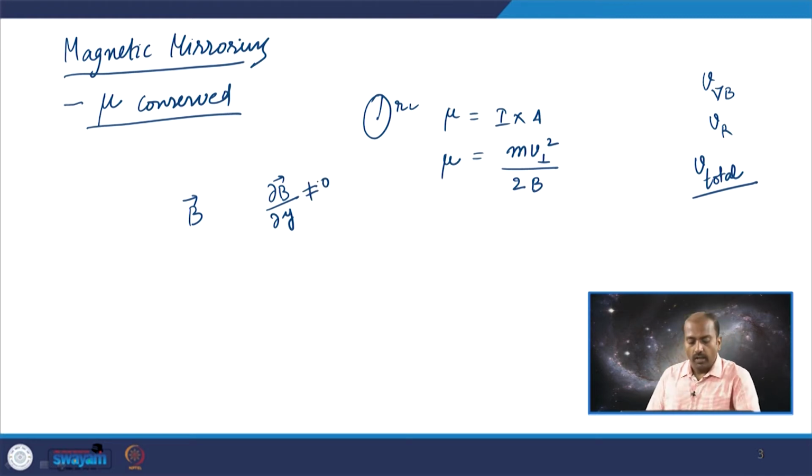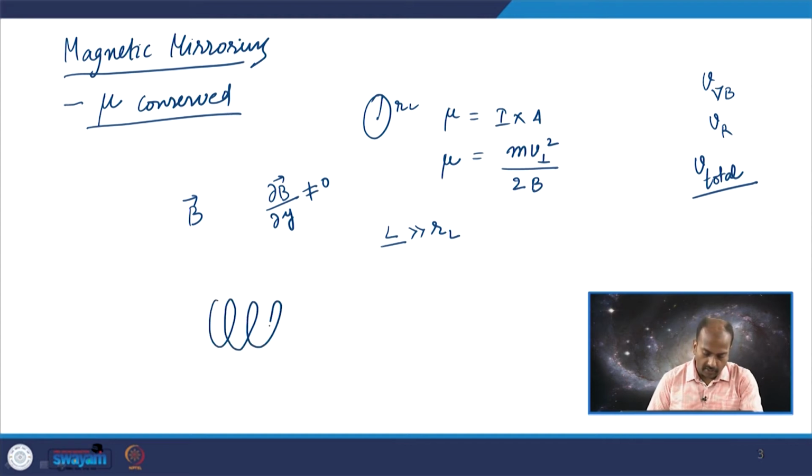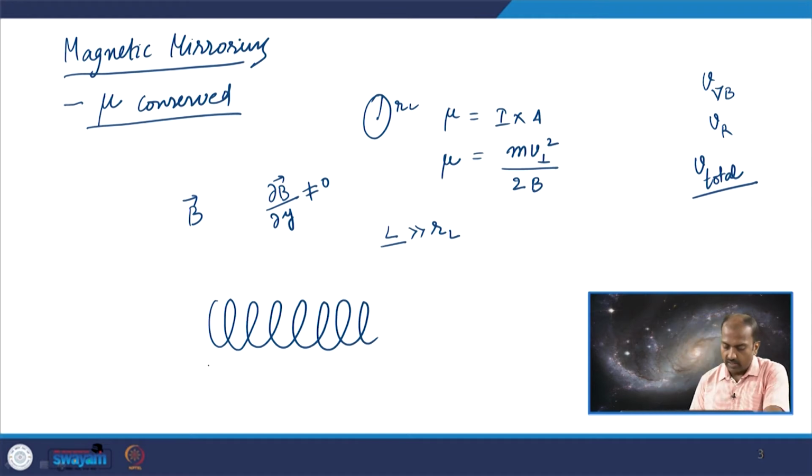But the length scale over which the magnetic field changes is sufficiently larger than the radius of gyration, one individual gyration orbit. So, if the particle is gyrating like this, within this distance the magnetic field is assumed to be uniform.